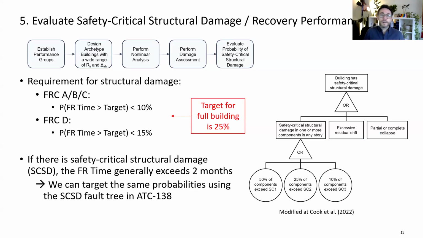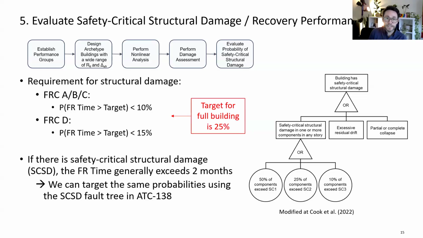The final analysis step is then to assess functional recovery time using tools like ATC 138, which is an extension of FEMA P58 to evaluate functional recovery time. Under the Appendix A chapter in the upcoming NEHRP provisions, the requirement is to evaluate functional recovery time considering only structural damage.